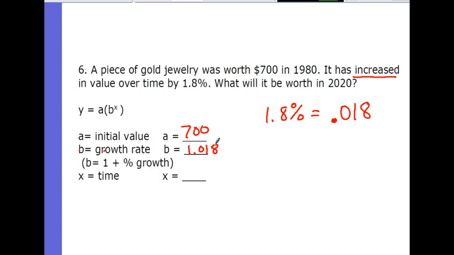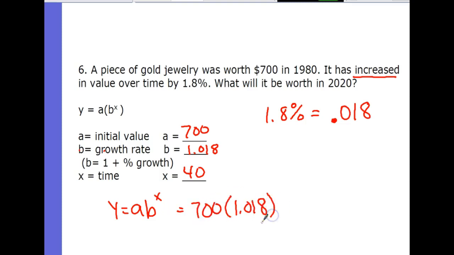And so what's the time between 2020 and 1980? What's 2020 minus 1980? And so all we have to do is fill in this equation. The initial amount is 700.